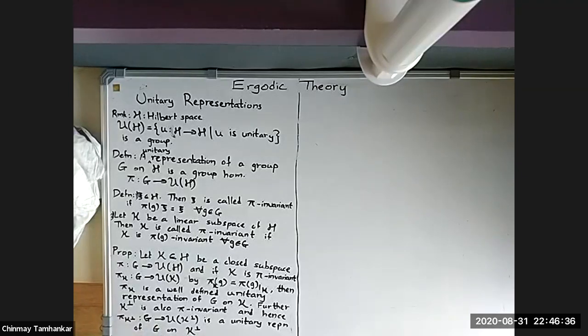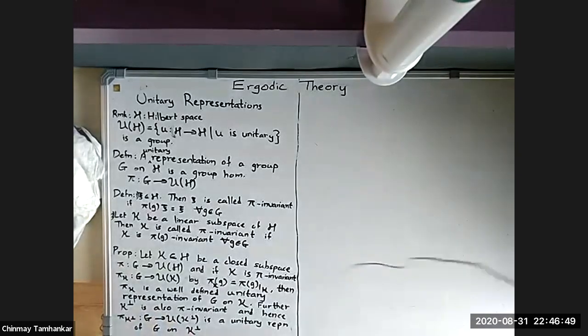So if we have an invariant subspace, we can restrict that representation to both K and K perp. This only happens if it is a unitary representation.